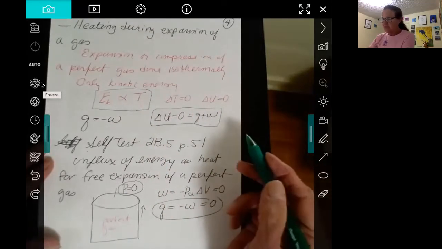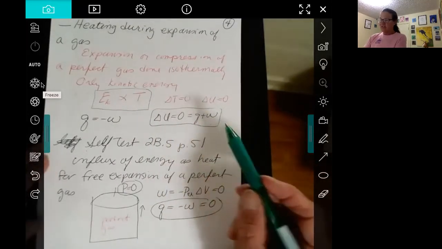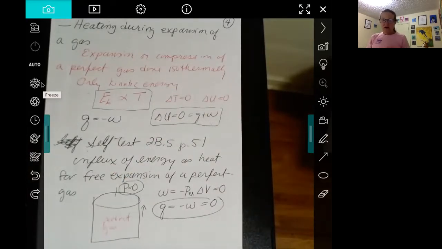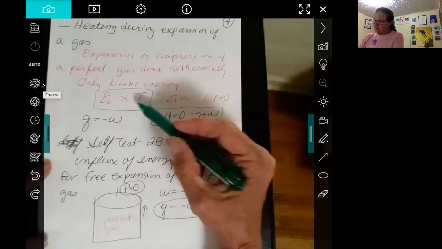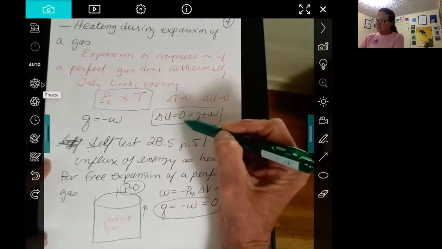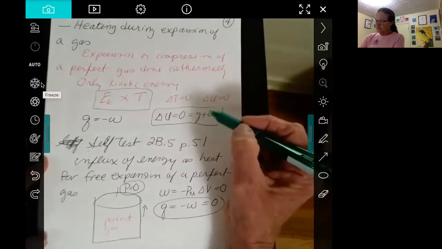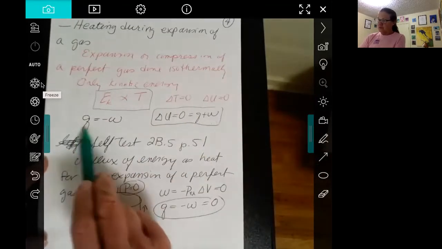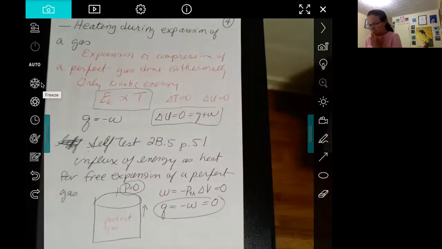And if the temperature doesn't change, that means the kinetic energy doesn't change. If it's a perfect gas, then all we have is kinetic energy, because the potential energy is the interaction energy, which we say is 0 in a perfect gas. So that means if the kinetic energy is a constant, then delta U equals 0, and internal energy doesn't change. 0 equals Q plus W, therefore Q has to equal minus W.